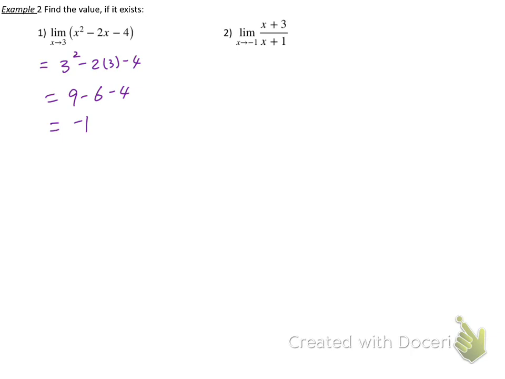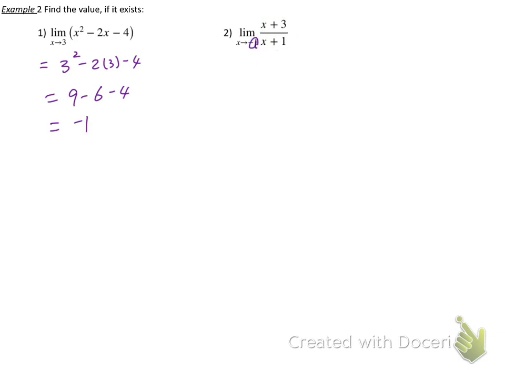Okay, on the other hand, when we have the limit as x approaches negative 1 of x plus 3 over x plus 1, well, actually, when you look at the function x plus 3 over x plus 1, which is a rational function, the denominator x plus 1 tells you the domain is x not equal to negative 1.